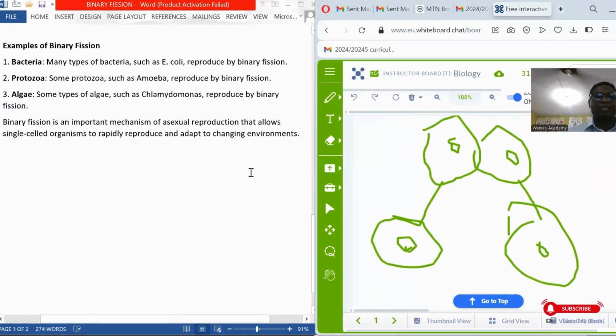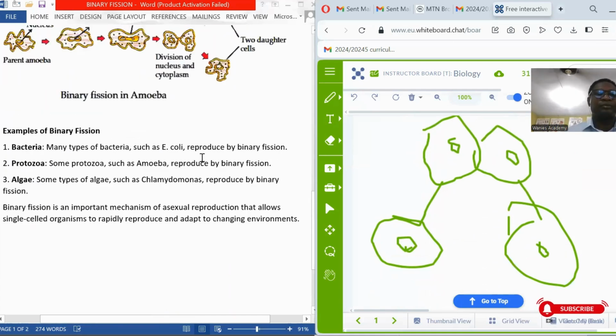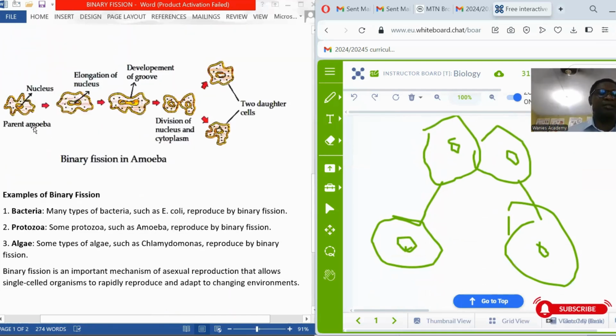You can see in the diagram I have here too, where you have the amoeba cell. This is the parent amoeba, and that's the nucleus. Now, the nucleus starts separating or elongating. As the nucleus separates, the cytoplasm also starts to elongate and separate. At the end of the day, we see the division of what? The nucleus and the cytoplasm.